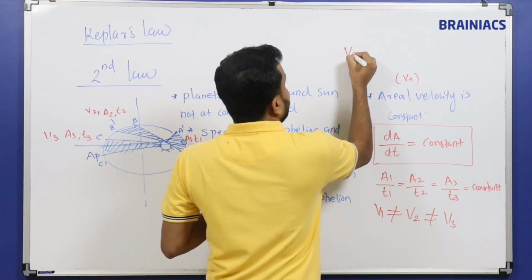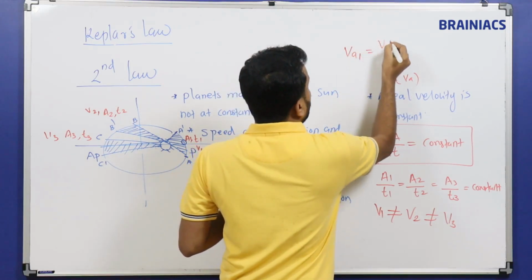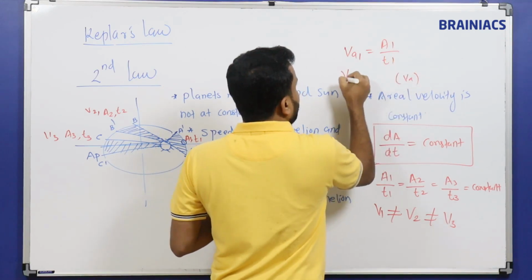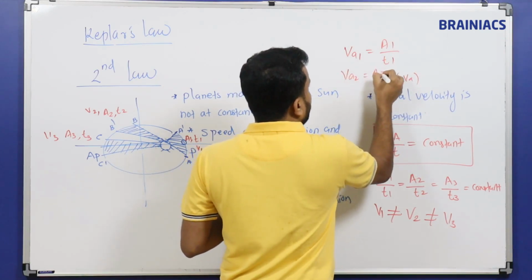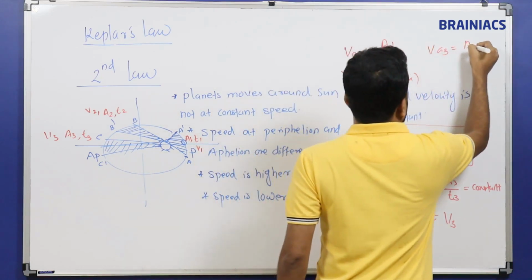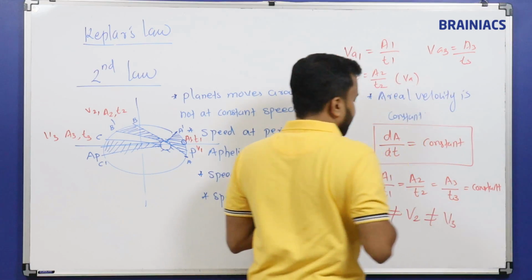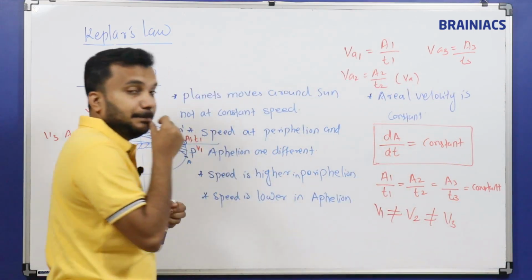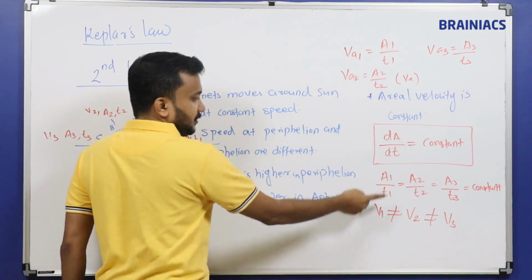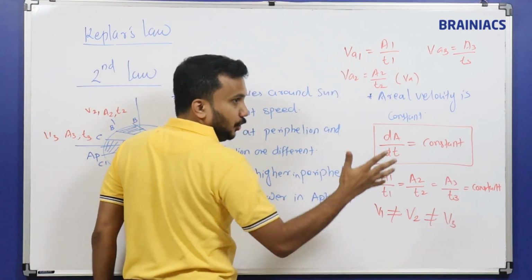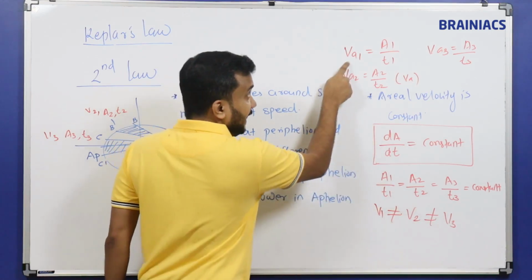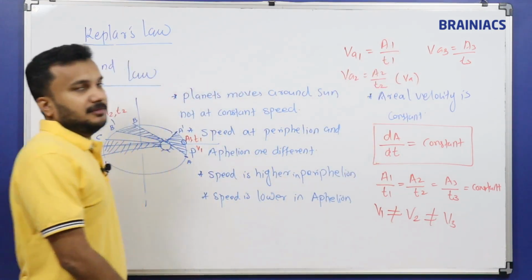VA1 equals A1 by T1, VA2 equals A2 by T2, VA3 equals A3 by T3. So both are different. This is the normal speed, and this is the aerial velocity. V1 is not A1 by T1; VA1 is A1 by T1, the aerial velocity.